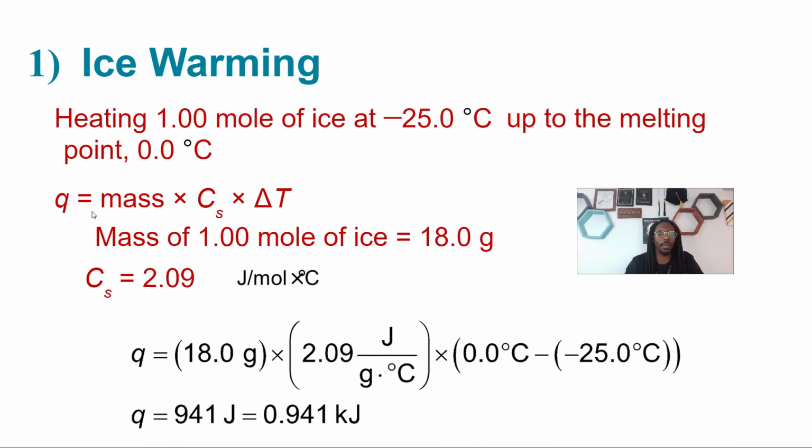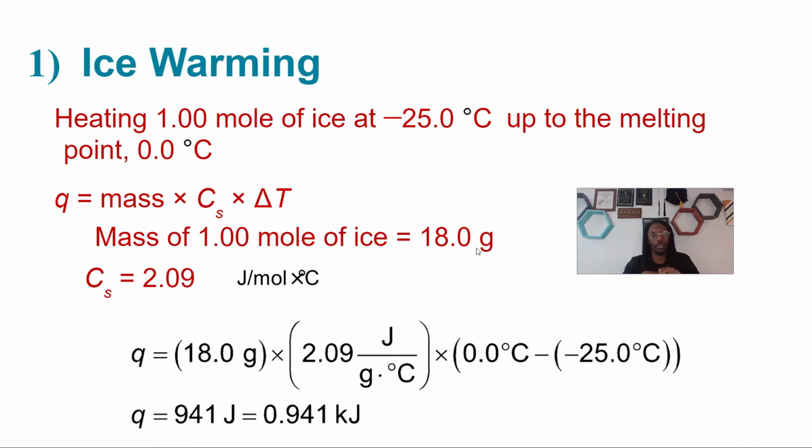So let's think about that equation. Specific heat: Q equals mass times specific heat capacity times delta T. If we are heating just 1 mole of ice, that's 18 grams.